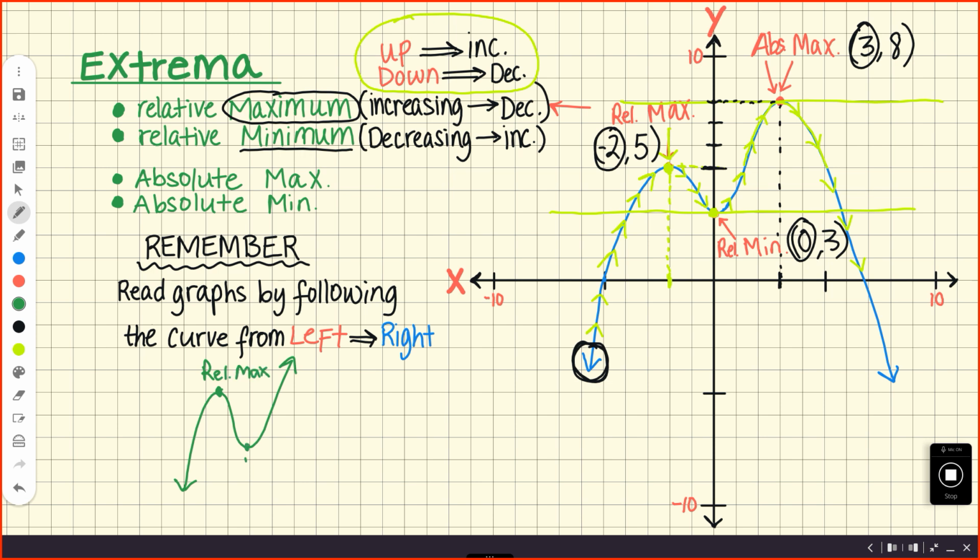This one would be a relative minimum. Like I said, if you want, find max and min, and then determine whether it's absolute. Again, these are both relative because I have lower values than where that relative minimum is, and then I have higher values, which is here, that are greater than that maximum.